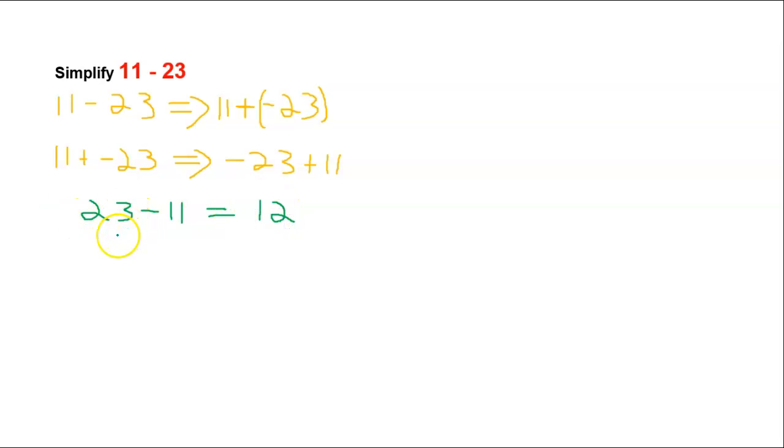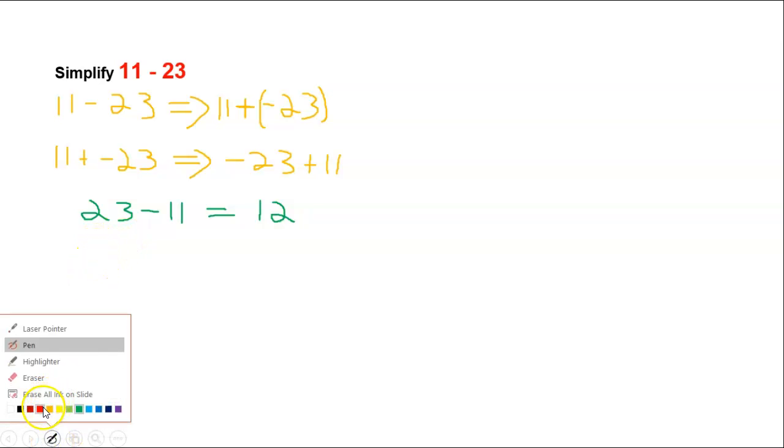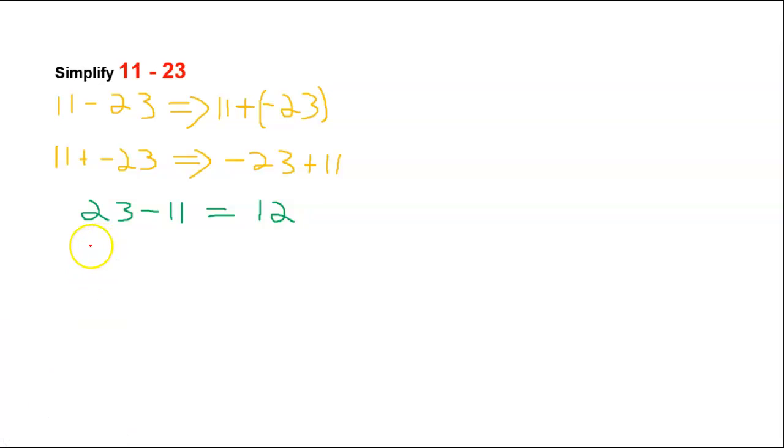And since our answer must be negative, we know that 11 take away 23 would be equal to negative 12. And that's the alternative method to finding the answer to this question.